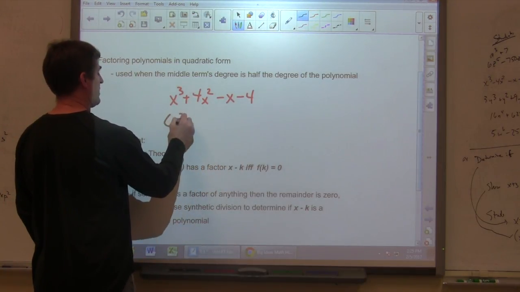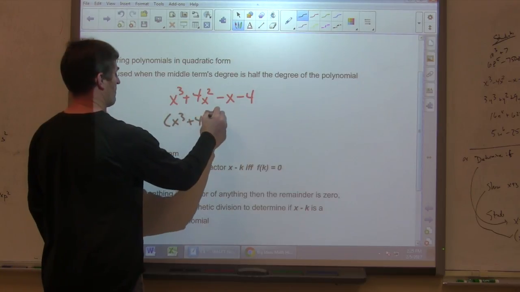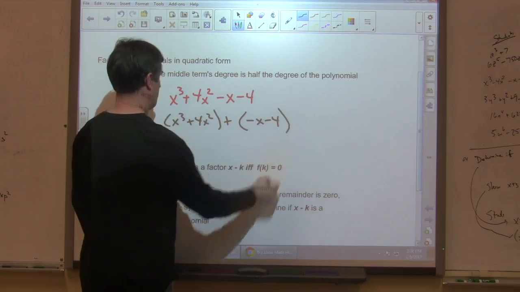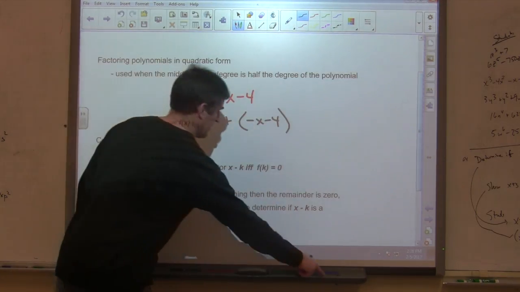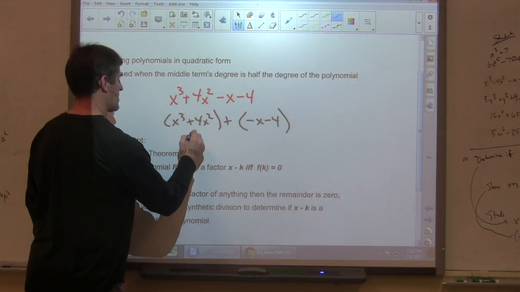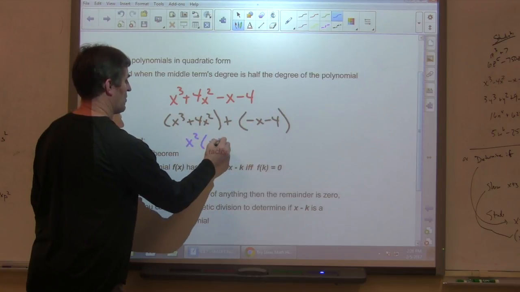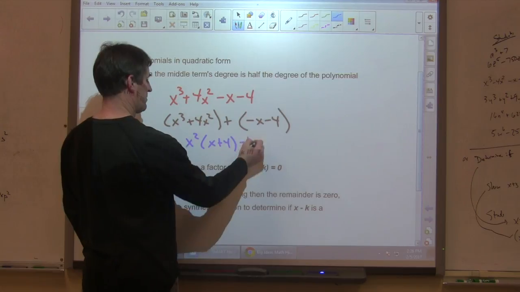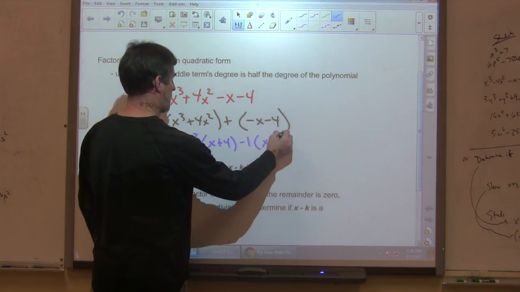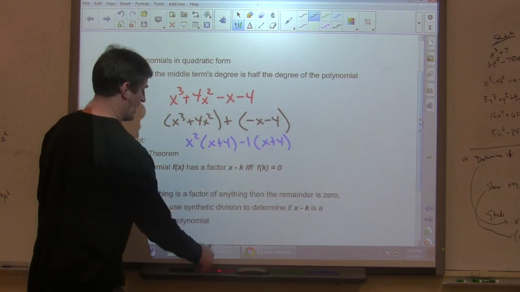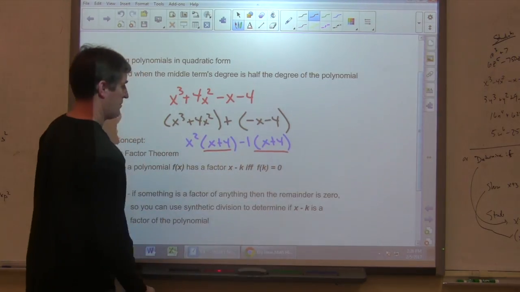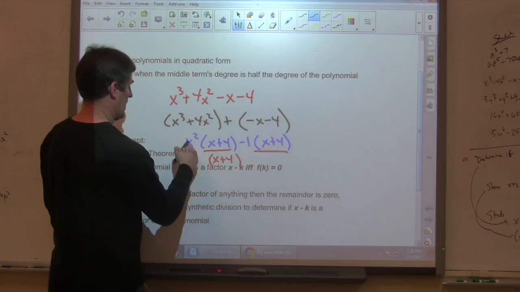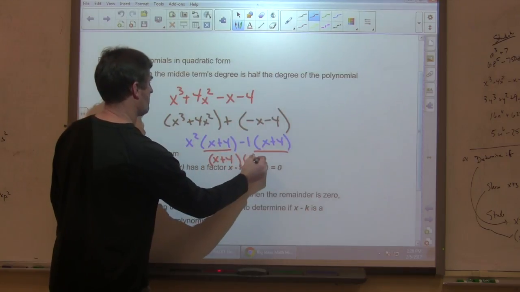I would group the two. The greatest common factor here is an x squared, so I get x squared times x plus 4. And here I can pull out a negative 1, and that gives me x plus 4. And so these both have an x plus 4 in common. So I pull out that x plus 4, and then the x squared minus 1.